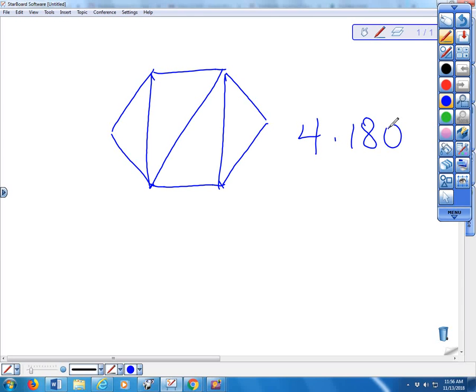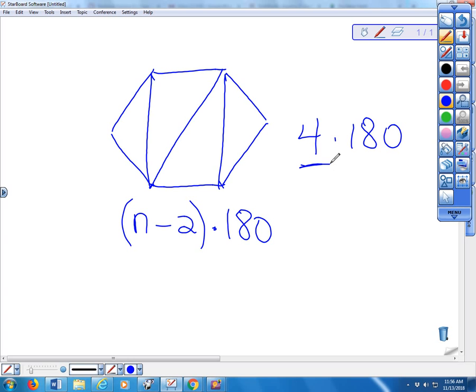Generally, how many sides are there in a hexagon? 6. How many angles? 6. So I take the number of sides, subtract 2, and multiply that by 180, because 6 minus 2 is 4.